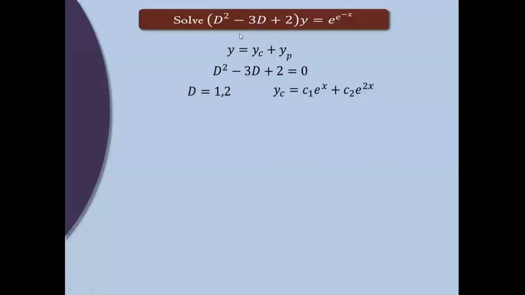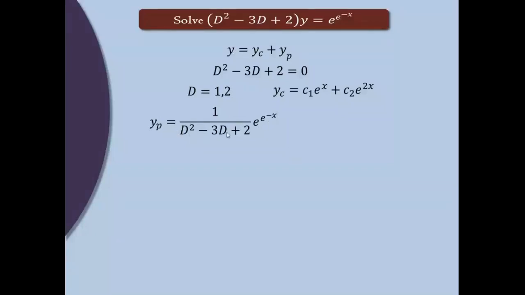Yp is equal to 1 upon d square minus 3d plus 2, taking all this term in the bracket to the other side. That will be yp is equal to 1 upon all this term, applied on e raised to minus x. Now, we have taken the formula of the general method in which we are having the product of d minus something or d plus something. We want single d, but here we have a square.